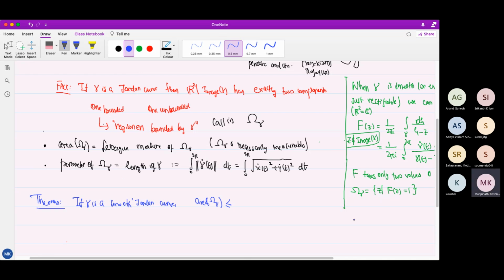For a given length, what is the disk that we can get? If the radius is r, then 2 pi r is the length of gamma. So r is that, and then the area is pi r squared, which is pi times L squared over 4 pi squared, so L squared by 4 pi. Yes, exactly. So the area is at most the length of gamma squared divided by 4 pi. This is the isoperimetric inequality.